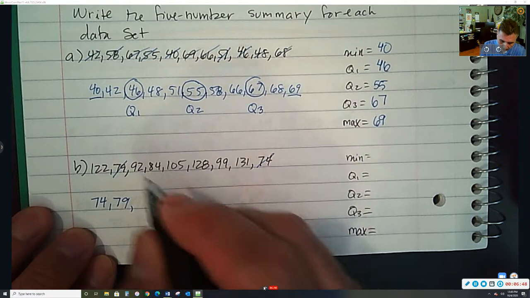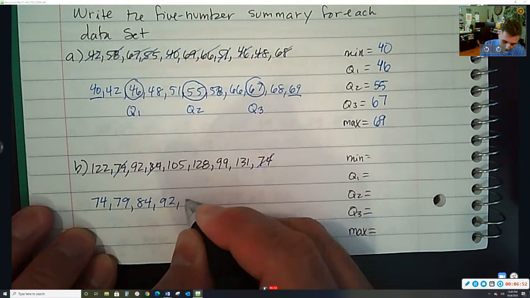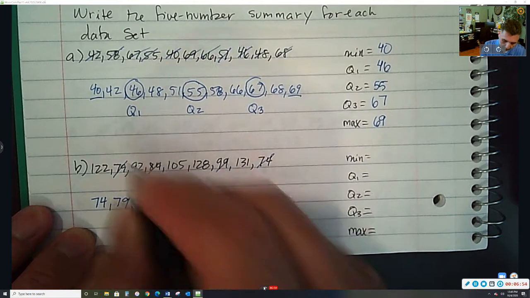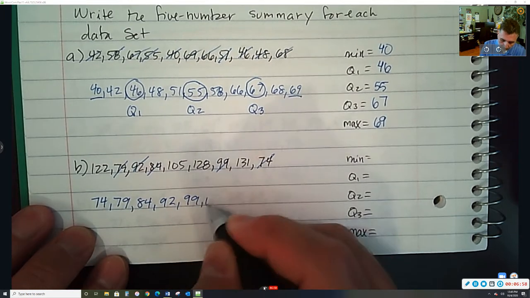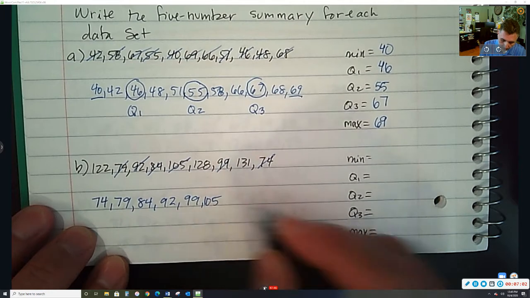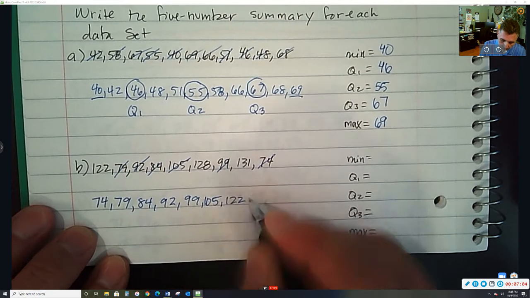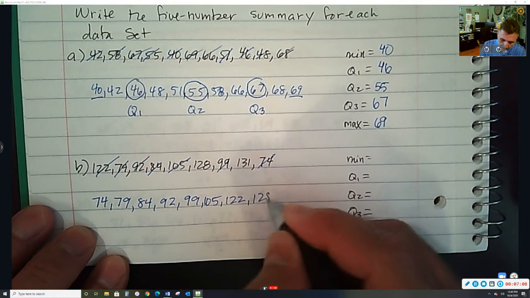Then we got an 84, a 92, and a 99. Then we jump into the hundreds. 105, 122, 128, and 131.